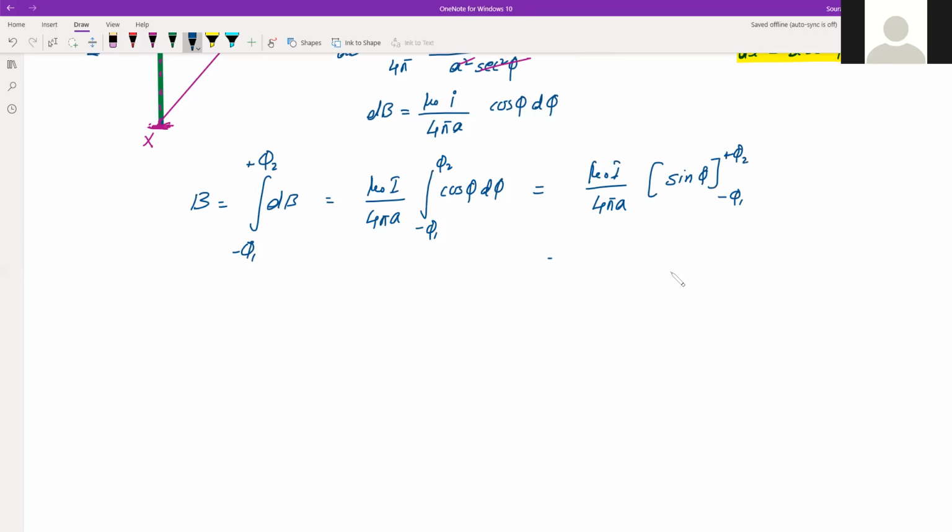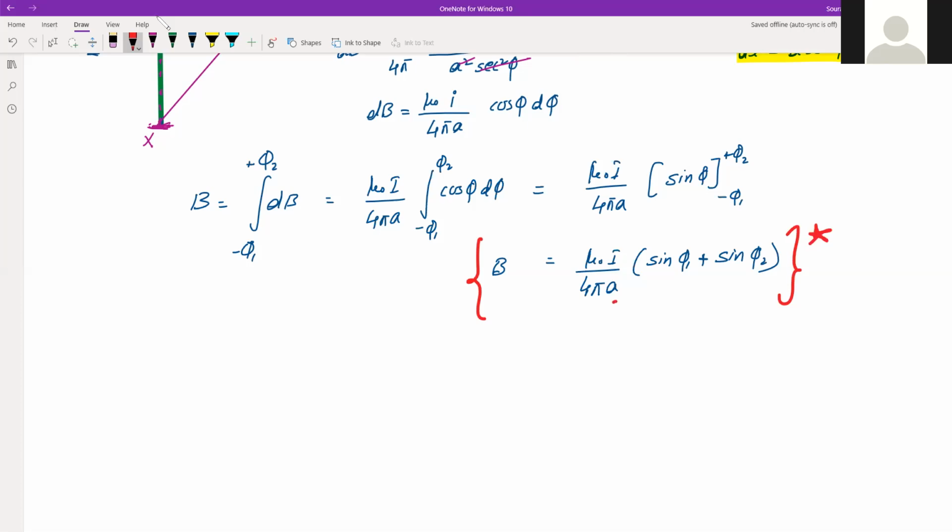So that is equal to mu naught I divided by 4 pi a into sin phi1 plus sin phi2, because this will be minus of minus sin phi1, that will be equal to sin phi1, that is positive, plus sin phi2. Now this is the final expression of the magnetic field due to a straight long current carrying conductor at a point P, which is at a distance a.